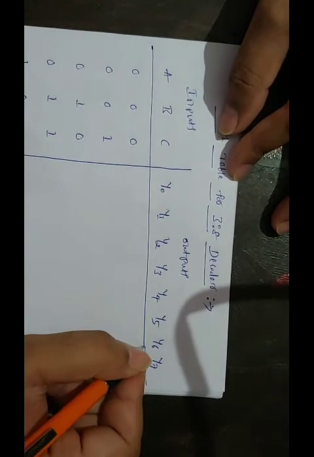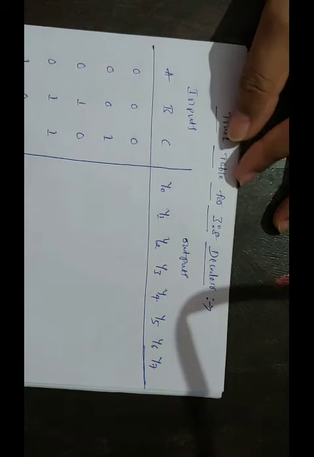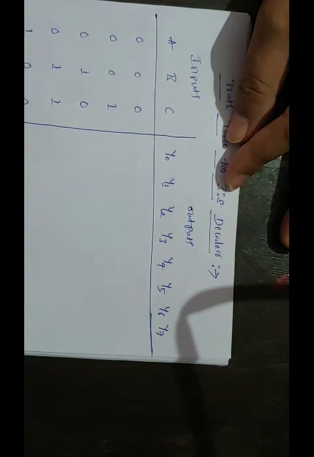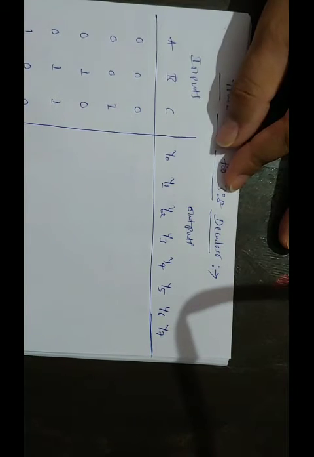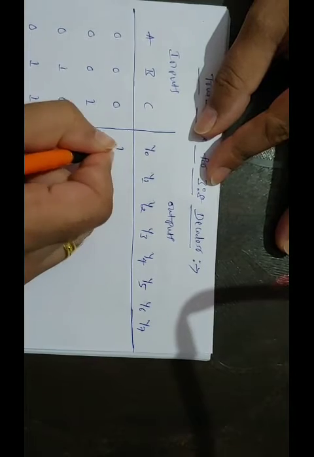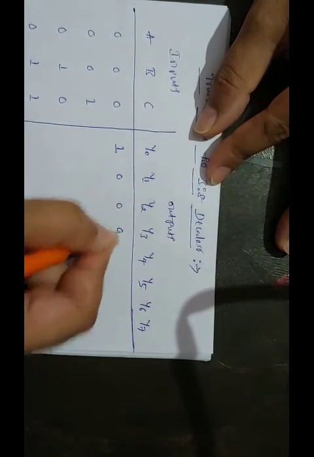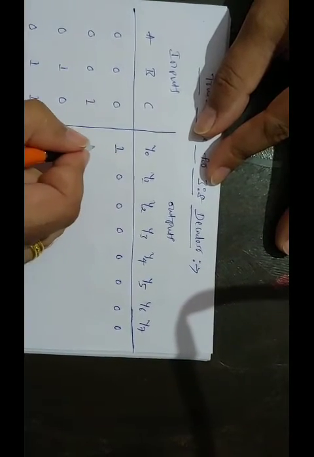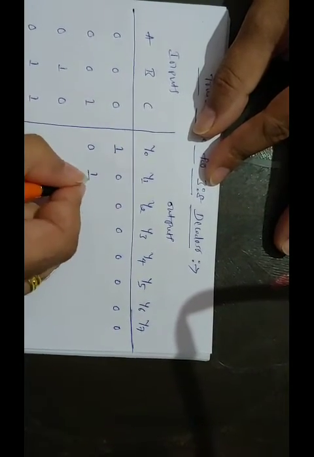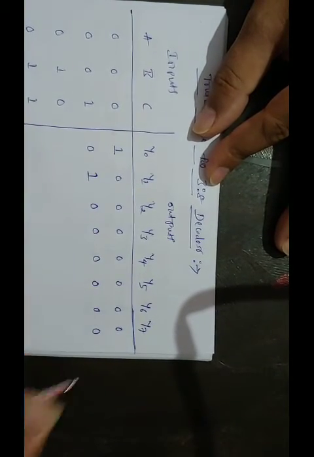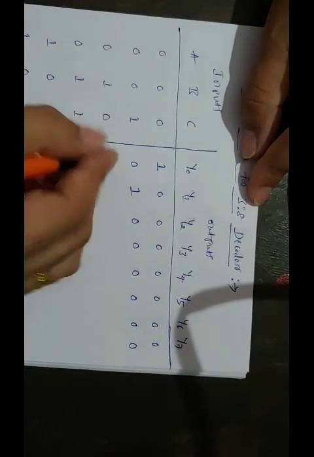In another way, we can say that for different combinations, one of the output lines will become active high and the remaining will become active low. For 0 0 0 I am making y0 active high, remaining all are 0. Similarly for 1, the y1 line becomes active high, that means logic 1, and the remaining are active low, that means logic 0.